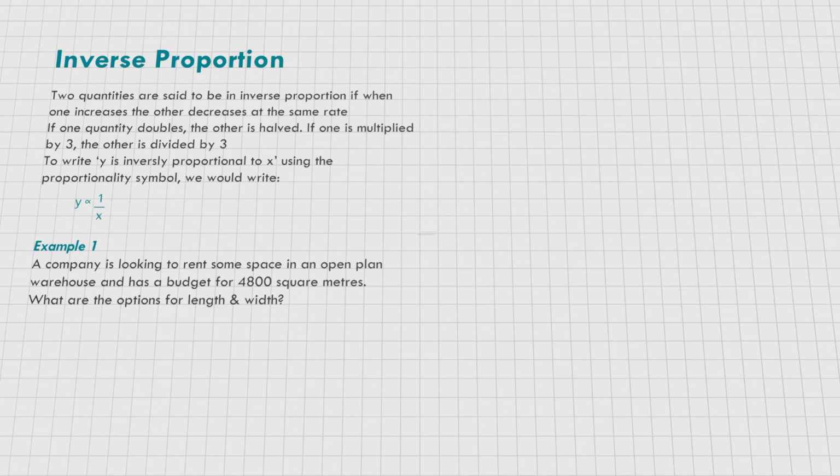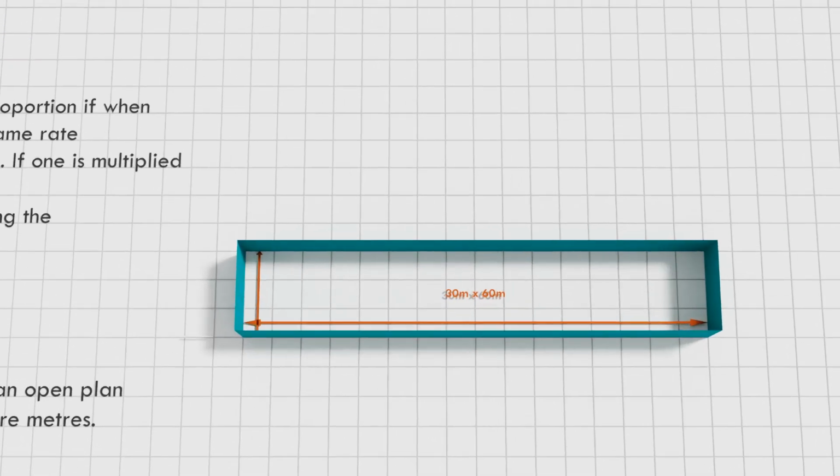A company is looking to rent some space in an open plan warehouse and has a budget for 4,800 square meters. What are the options for length and width? Length is proportional to 1 over width.